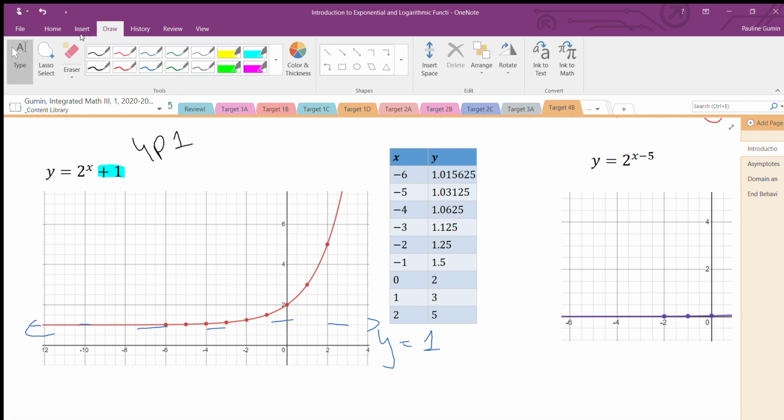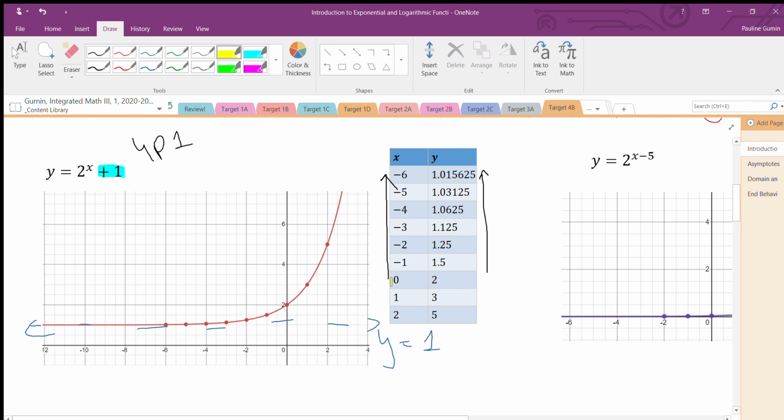You can tell that by this table. The smaller my x's get, the closer to 1 my y's get. No matter how small the x you plug in, y is going to be 1 point something, but it will never reach perfect 1.0.